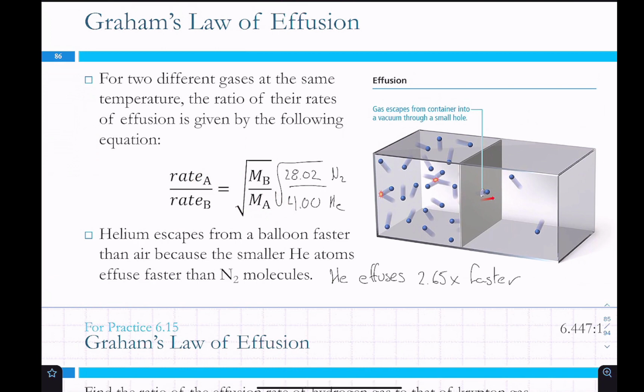All right, so the rate of helium's effusion is much faster because the particles are just moving way faster. So it doesn't depend on the amount of moles, it just depends on the mass.